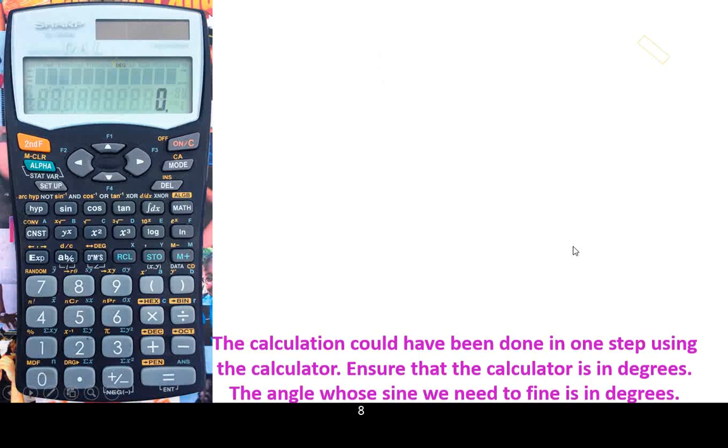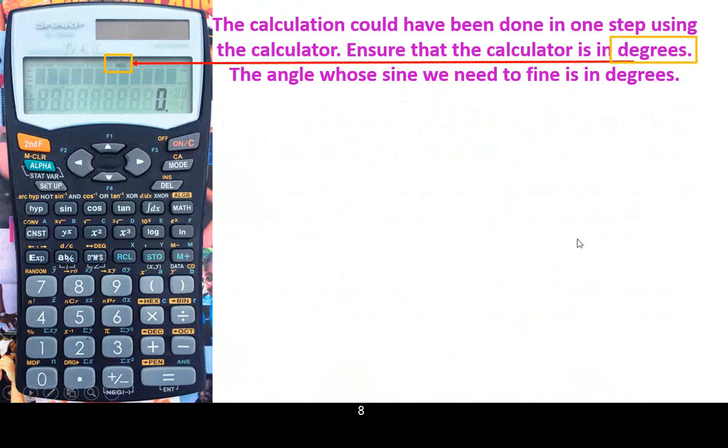Now we will take a look at how we will achieve that on our calculator. So there we have our calculator, and we are just going to demonstrate exactly what we need to do. First of all, we have to ensure that the calculator is in degrees, because there is other angular measure that the calculator might be programmed to handle.